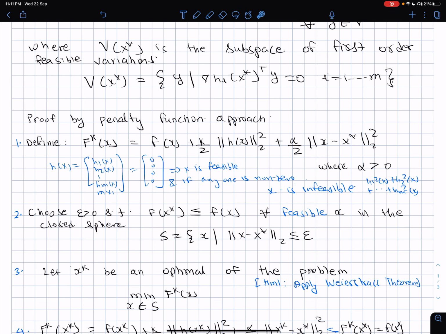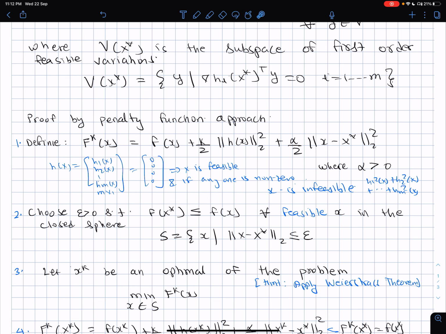Now the idea of penalty function approaches is that as this penalty keeps on increasing, any infeasibility dominates. The penalty function is only the first two terms put together, and if there is any infeasibility, the penalty function will dominate the objective function value. So the first thing that happens when you minimize a penalty function with a large penalty is that it will force feasibility.